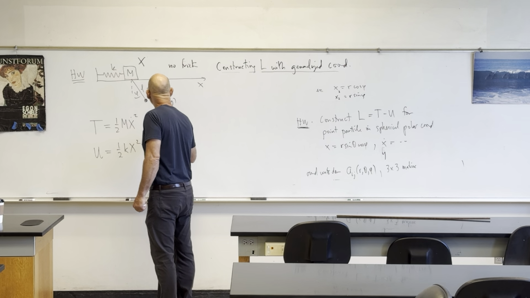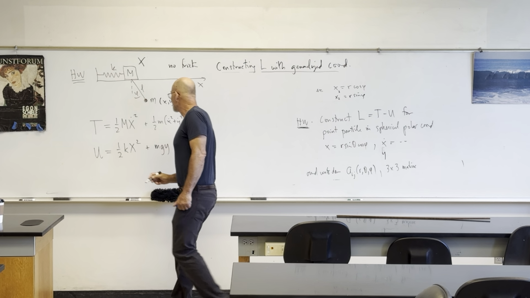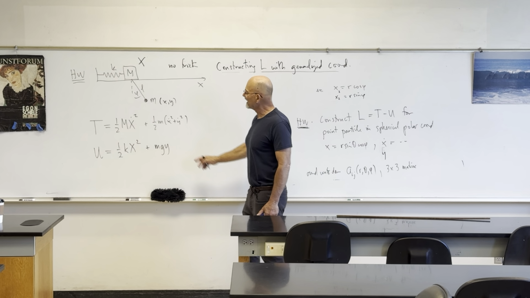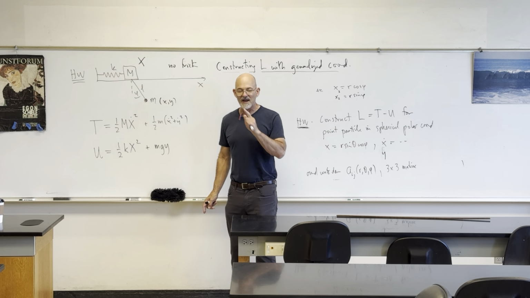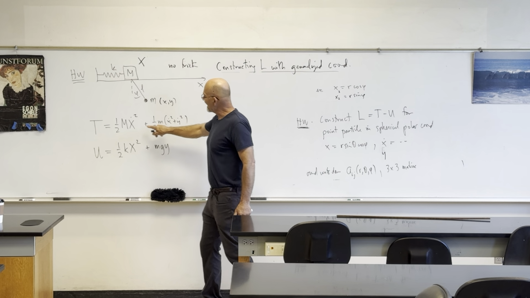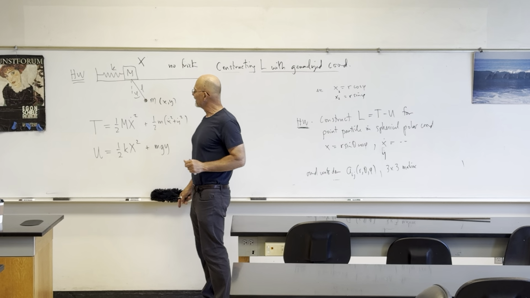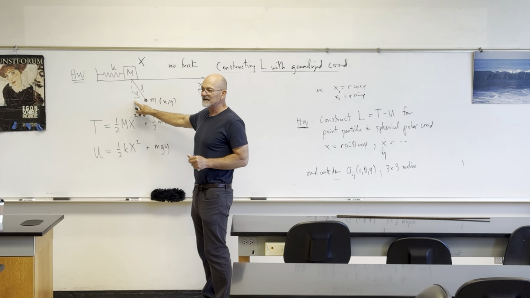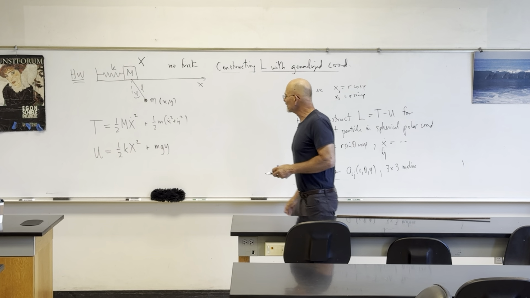Plus mgy for that little mass. So this is kinetic, this is potential, but if we subtract one from the other, it's not a Lagrangian, because x and y and capital X are not independent of each other. There are really only two independent variables, capital X and phi.